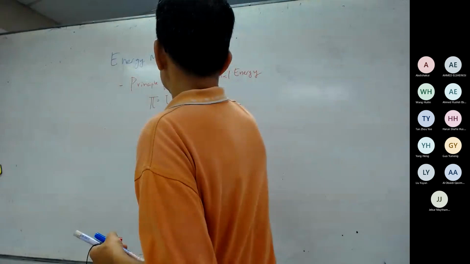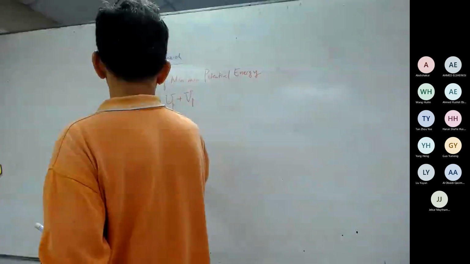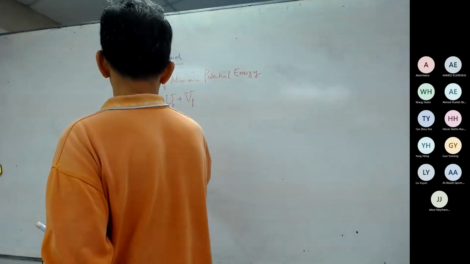This is strain energy due to bending: half EI (d2v/dx2) squared dx. This is for bending. If it's a beam problem, then this is the thing that we need. And if it's a bar problem, half EA (du/dx) squared dx.